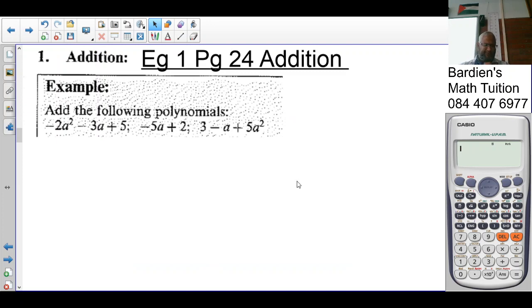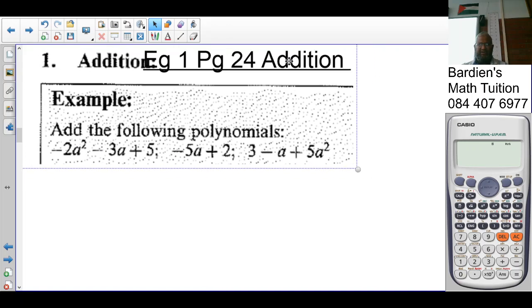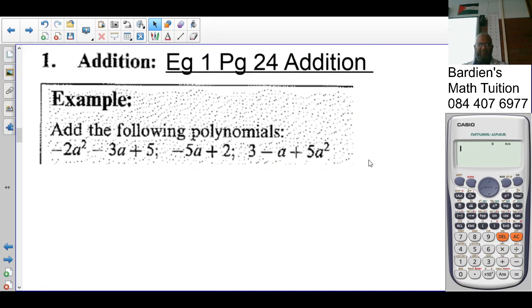Okay, so we're looking at the example, and the question says add the following polynomials. Okay, I'm just going to make it a bit bigger. I want you guys to write this down as well as the instruction there.